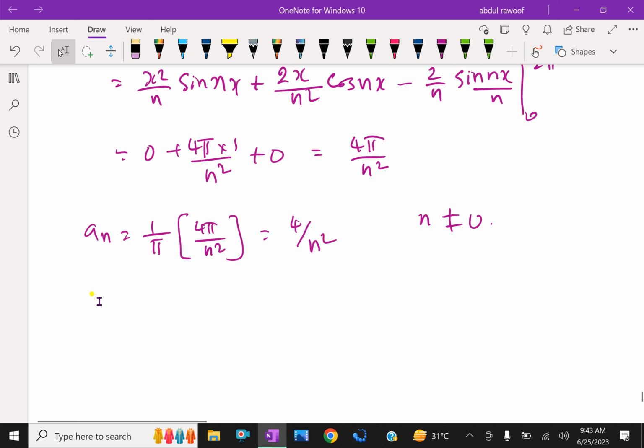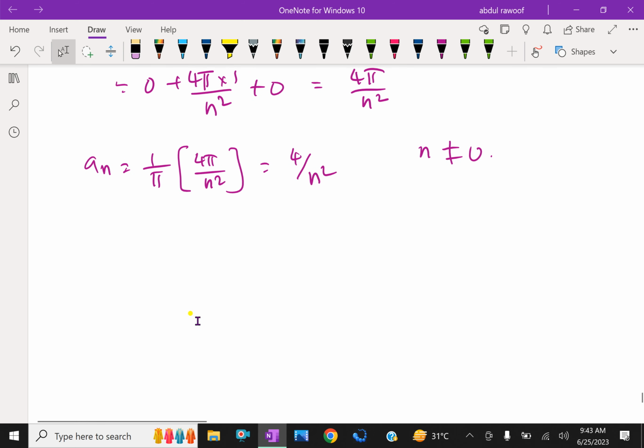Now we have to find a₀, if n equal to 0.